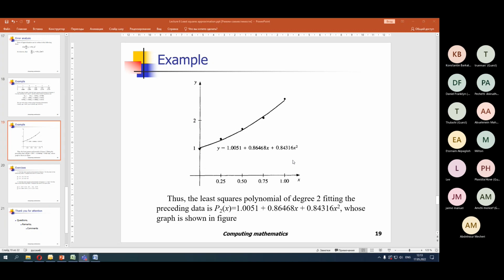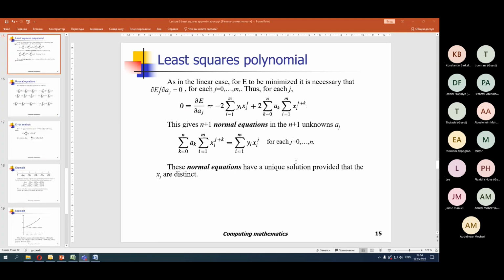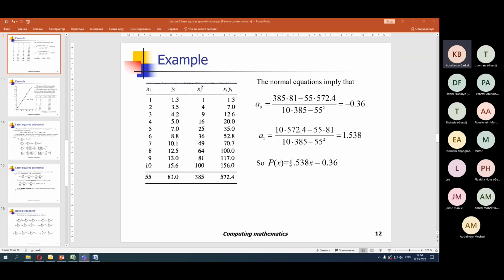Well, the main point from this lecture for you is to understand how to find a least squares line. The formulas for this method are given here.